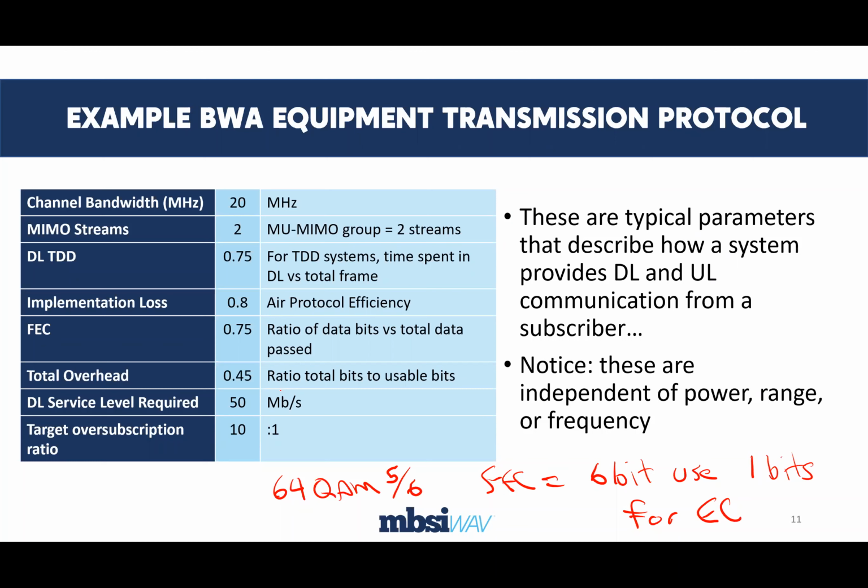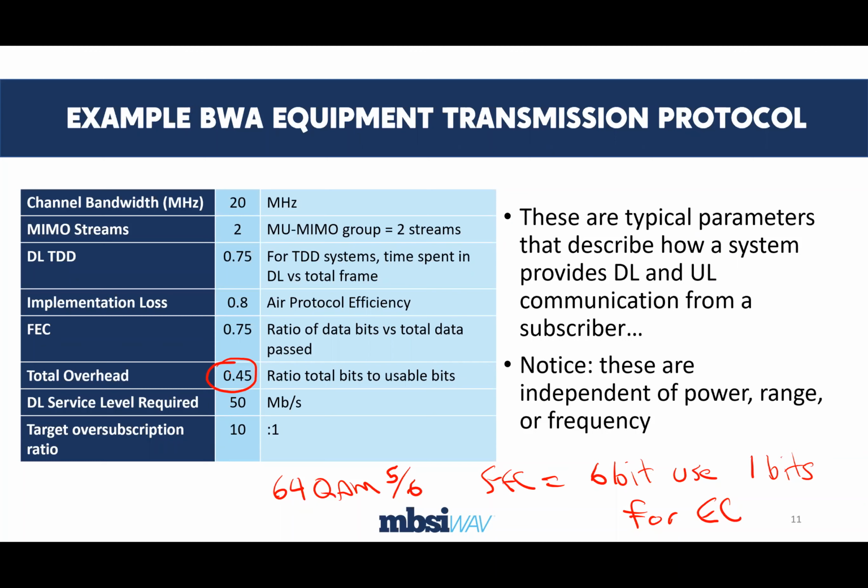So that means 1 bit for the customer, 1 bit for error correction in that situation. So when I multiply my overheads together, I come up with a utilization ratio of, in this case, 0.45. When I multiply 0.75 by 0.8 times 0.75, I come up with 0.45.